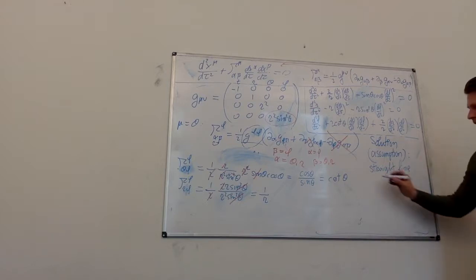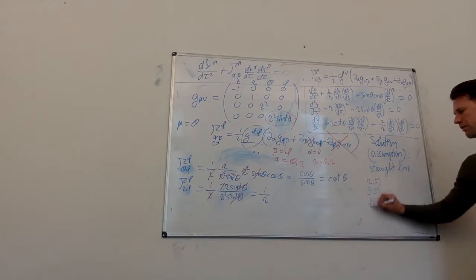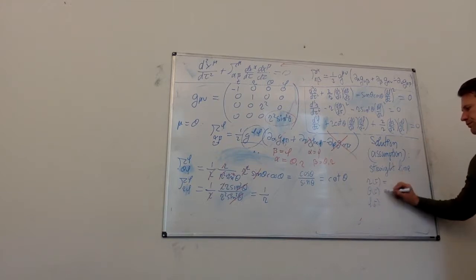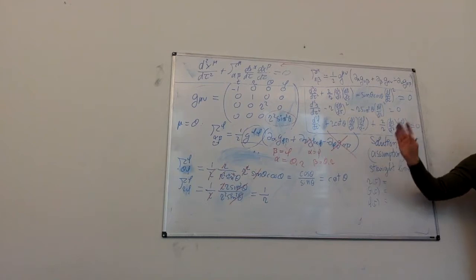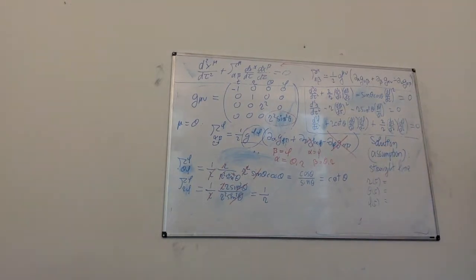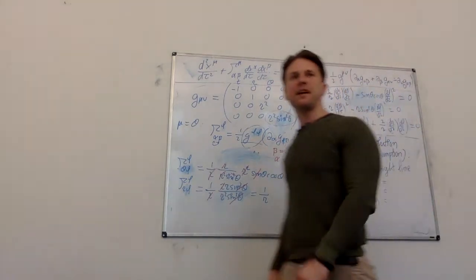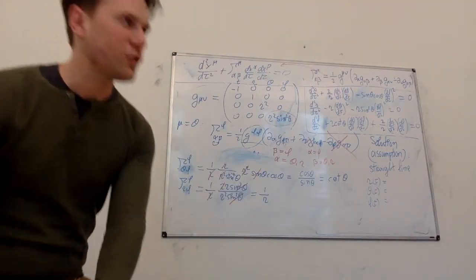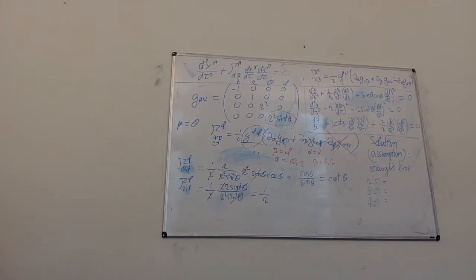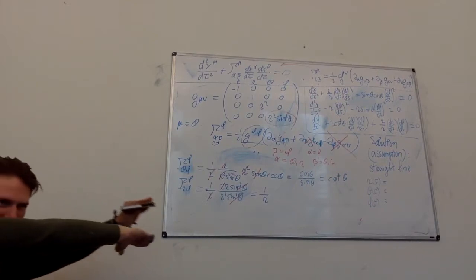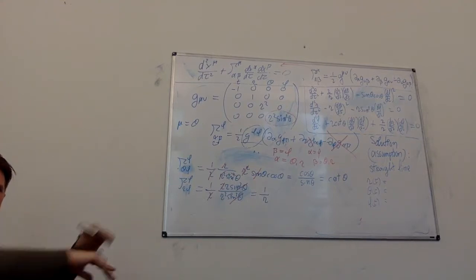And by a straight line, that means some r is a function of tau, some theta is a function of tau, some phi is a function of tau. We guess this thing, put it in, see if it works, if it solves the system. So our question now is how to write a straight line motion in terms of spherical coordinates. Really, that was my flying phone with its little theta changing in time and the r also changing in time.